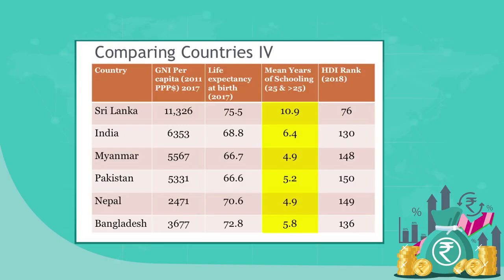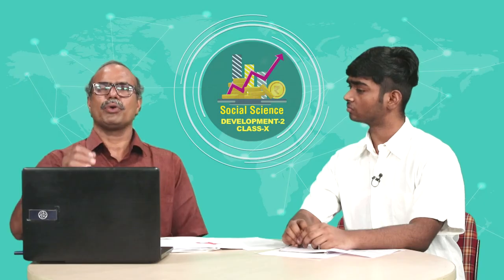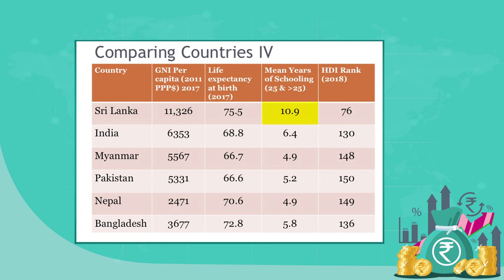If you look at the mean years of schooling, meaning how many years people have gone to school, particularly adults aged 25 and above. Okay. These are all estimated by the United Nations Development Programme using many mathematical calculations. If you look at the mean years of schooling, you will find the highest is in Sri Lanka.